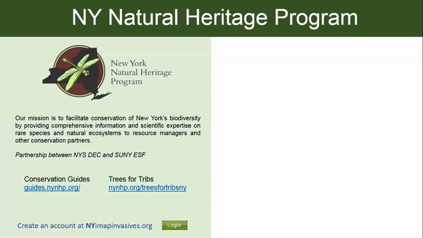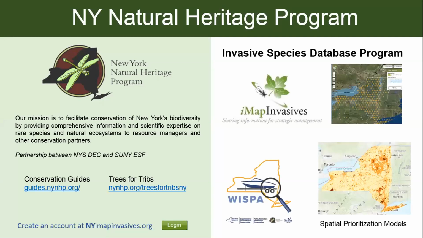And so the New York Natural Heritage Program is known for its rare species work and biodiversity work. And since invasive species pose a threat to rare species and biodiversity, one big part of the New York Natural Heritage Program is the Invasive Species Database Program, and that's where Jen and I work.